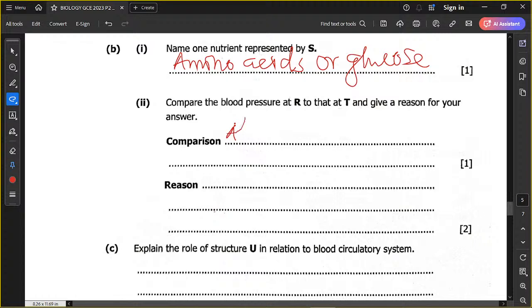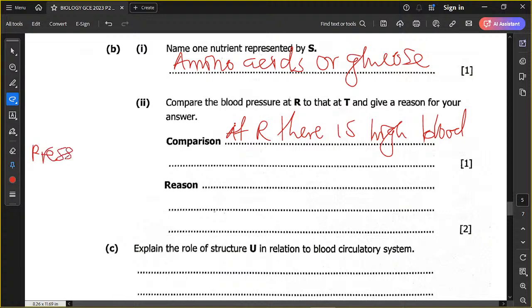So at R there is high blood pressure. Okay, we are making a comparison. At T, there is low blood pressure.